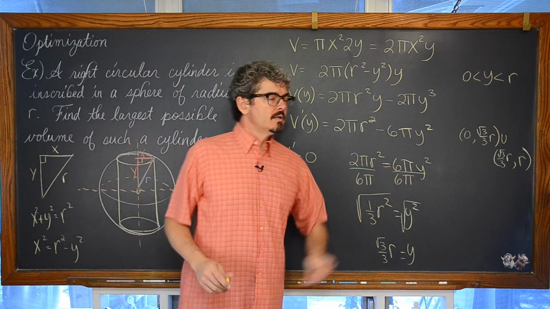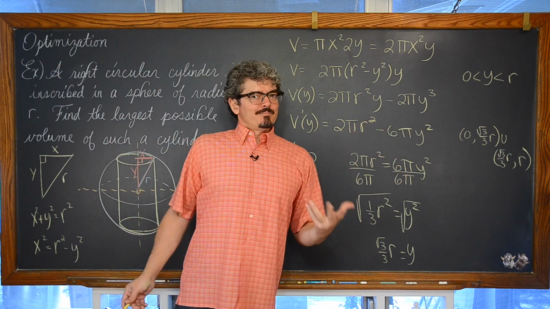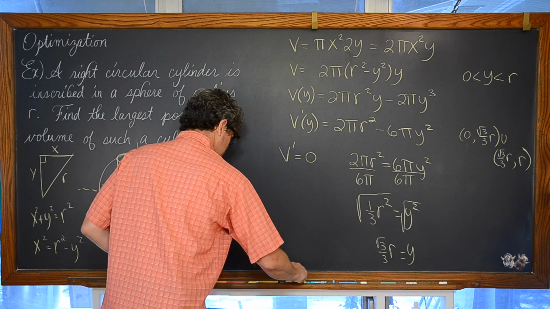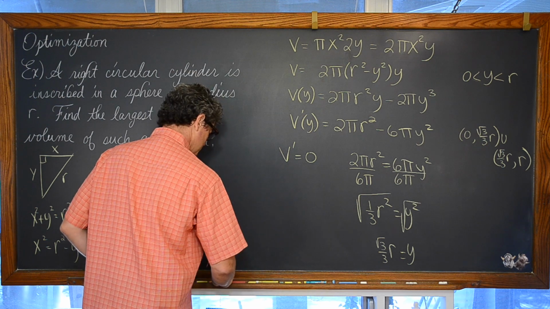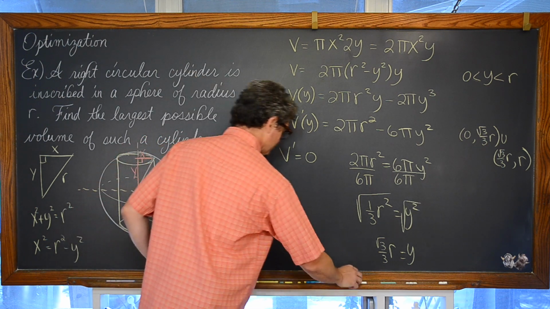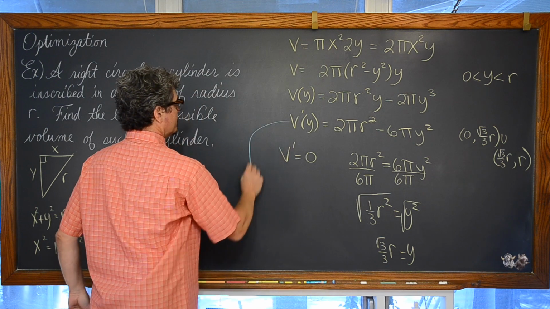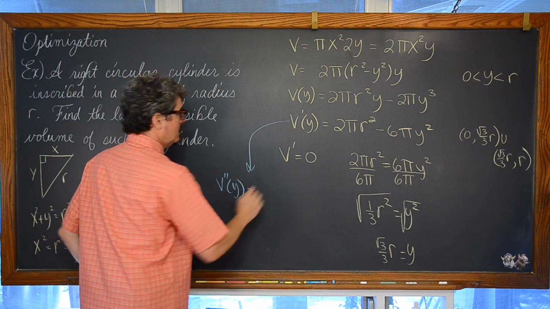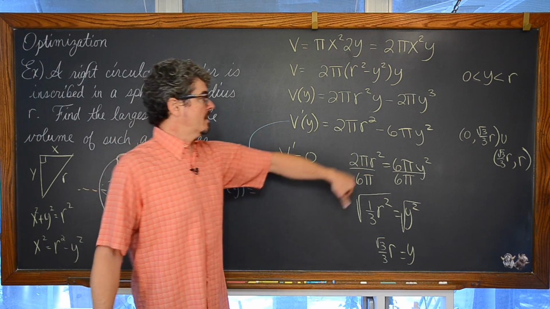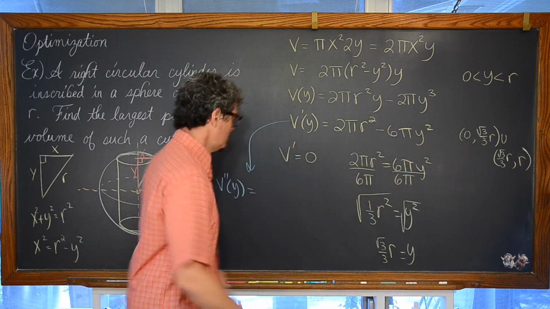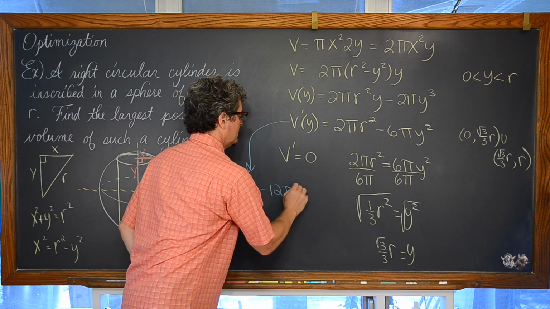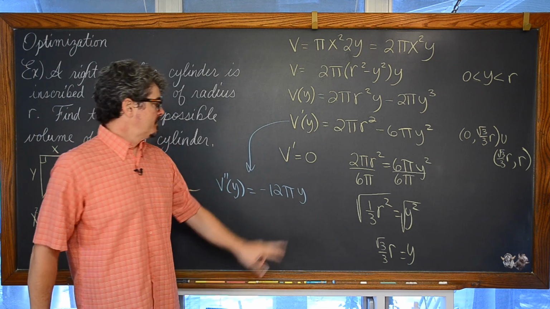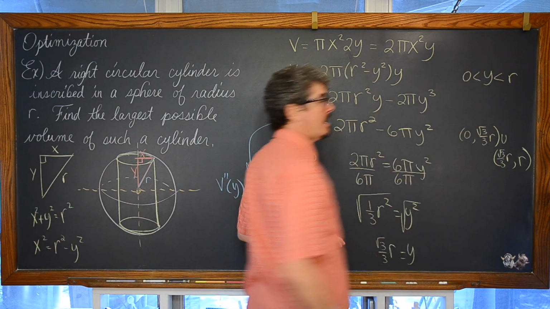But remember when I said that this is basically just a polynomial? If we look at the second derivative instead of analyzing sign changes on the first derivative, and think of the second derivative test, we have v double prime of y is equal to, this is a constant, so that is 0, and we have negative 6 pi times 2, which is negative 12 pi y. And y is defined to be a positive value.